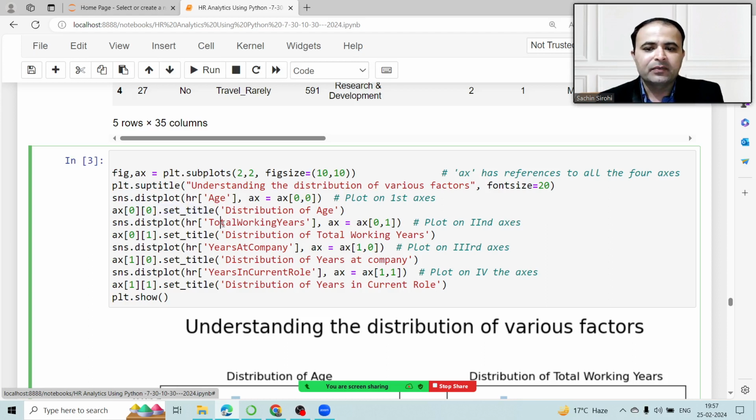Again I set the titles for total working years, years at company, and years in current role distributions, fetching the columns one by one from the data and visualizing them in the matrix.